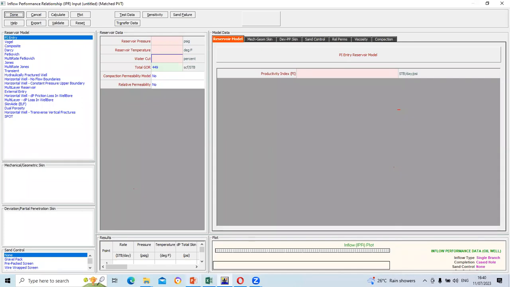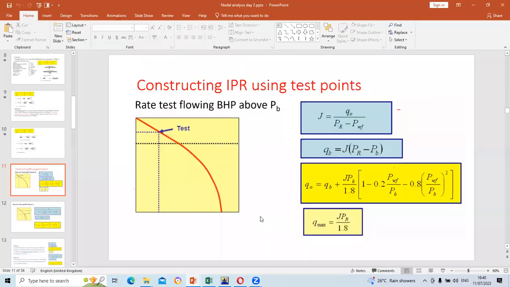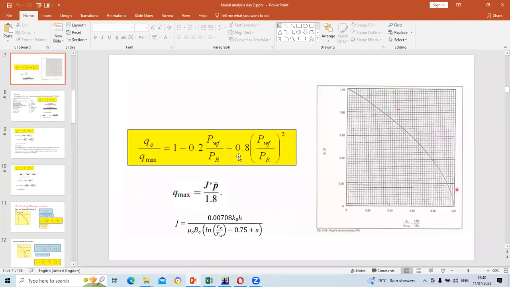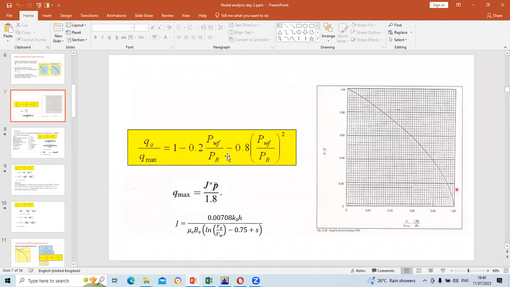I will go back a little bit to the PowerPoint of nodal analysis that I explained last week. I gave some equations that can be used. This is our Vogel equation that is used to develop our IPR. The IPR is used to characterize the performance of the reservoir.